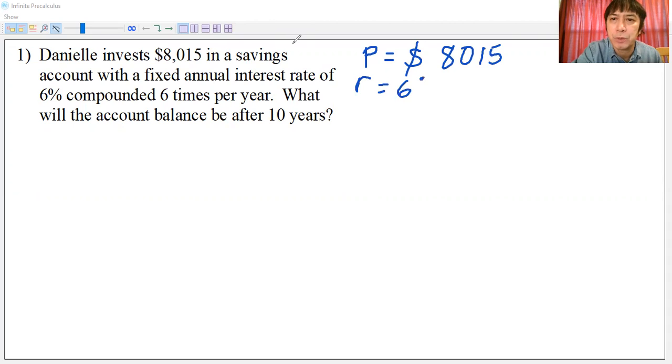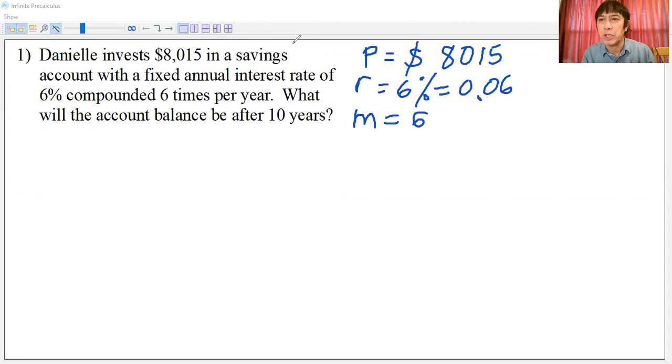This is equivalent to 0.06 in decimals. Now, number of compounding periods, 6 times per year. That will be represented by the variable m, 6 periods per year. And then what will the account balance be after 10 years? So the time is given, 10 years.